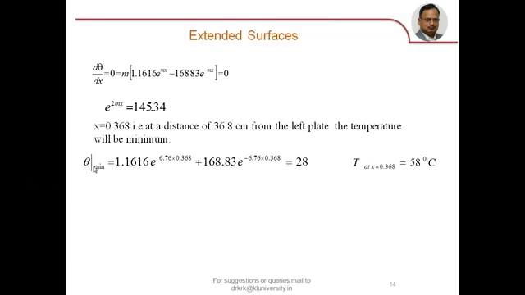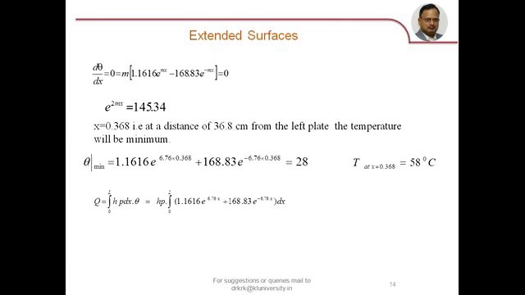That means theta is the temperature difference, and hence T, the temperature at that point on the rod, x at 0.368, is equal to 30 plus 28, which is equal to 58, because theta is T minus T alpha.